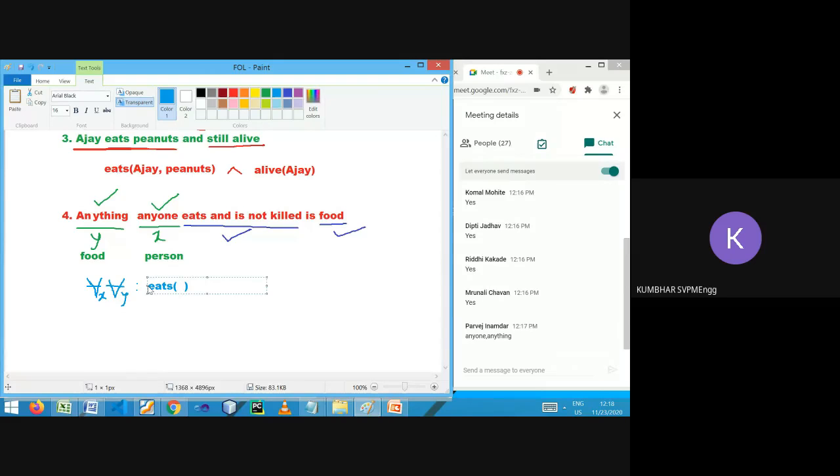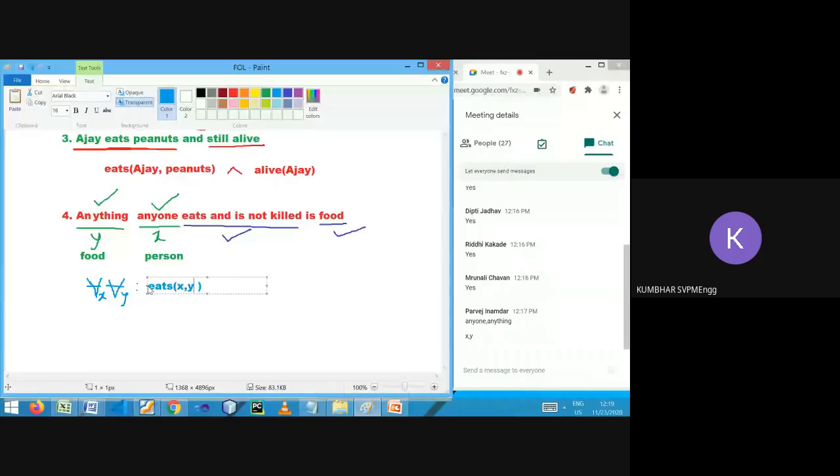Inside the bracket, because we have defined two variables, x for anyone and y for food: x comma y. Do you all agree with Parvez? X eats y, where x represents a person and y represents food. So x person eats y food. Do you understand this statement? Yes.